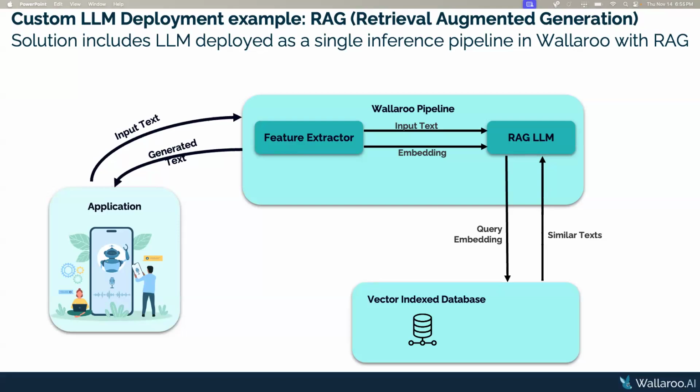This is something we encourage our customers to think a lot about and to explore the most performant way to integrate. With the Wallaroo platform, as you can see, those are deployed as a pipeline. One stage computes an embedding, and another stage uses that to query your vector database, form your full prompt, and ultimately pass that to your LLM.